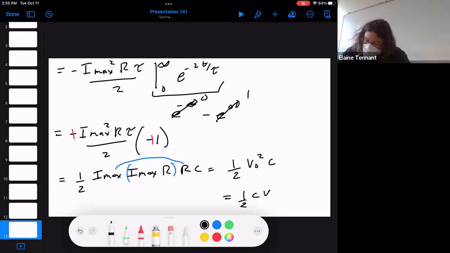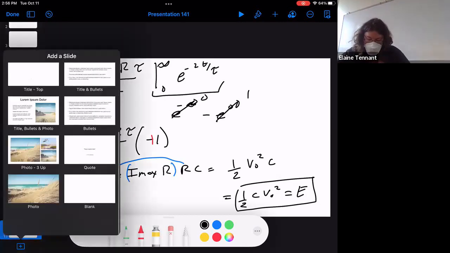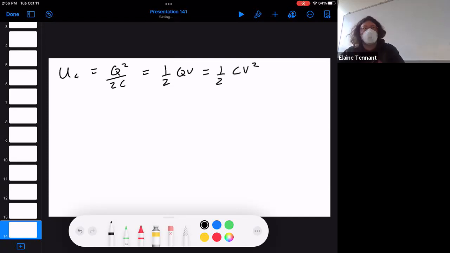Does this at all look familiar? Yeah, we came across something that looked like this in our capacitor chapter, where the energy in a capacitor was equal to Q squared over 2C and 1/2 QV and 1/2 CV squared.